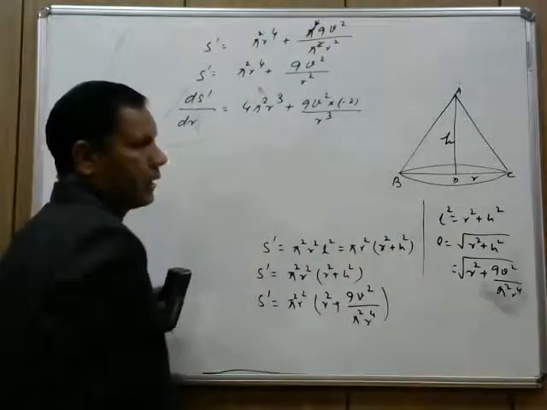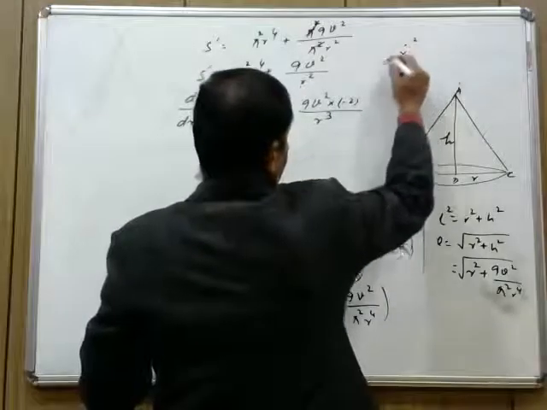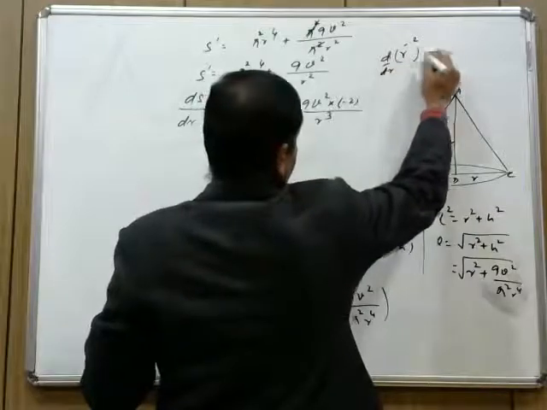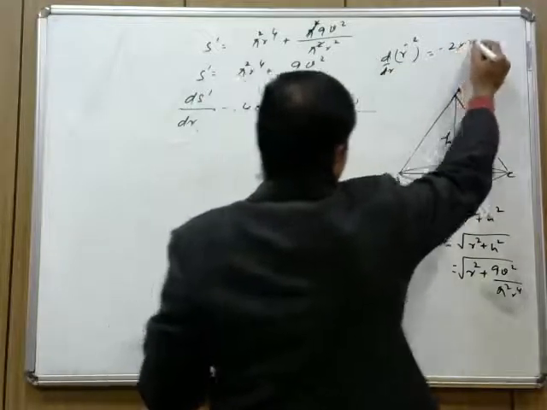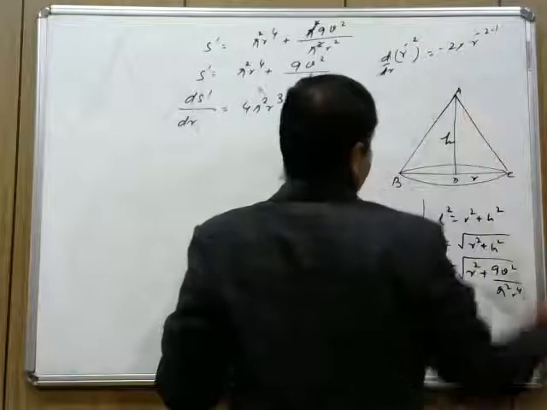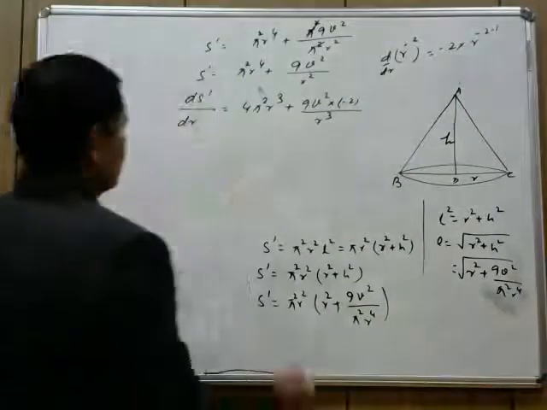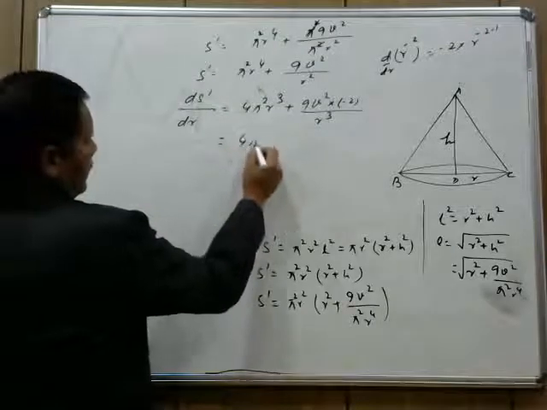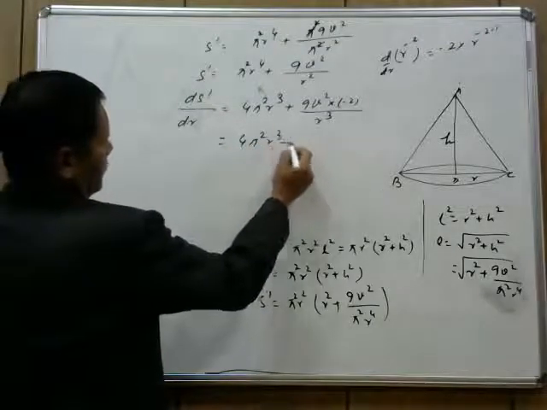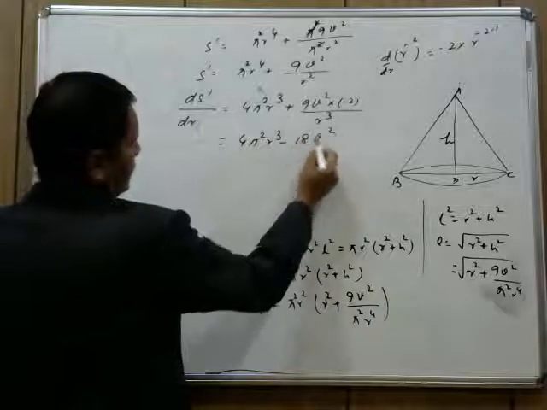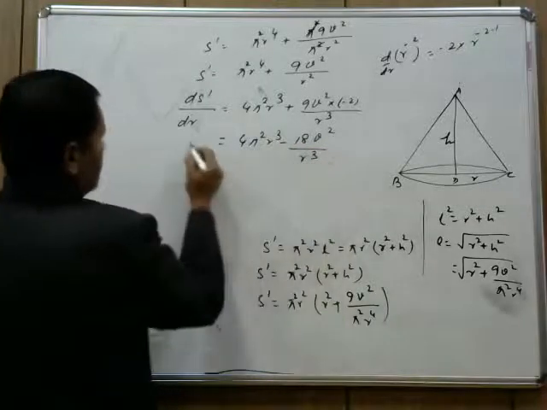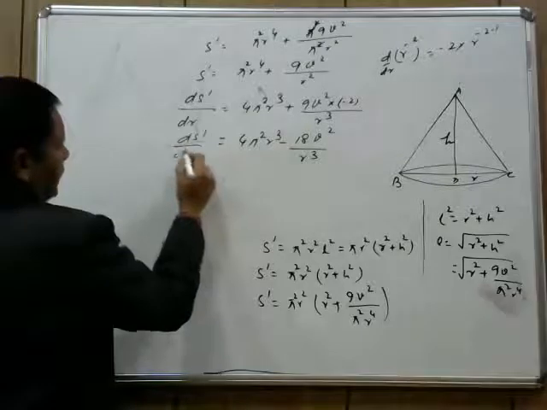Differentiation of r to the power minus 2 is minus 2 into r to the power minus 2 minus 1. That's why minus 2 upon r cube. So this will give you 4 pi square r cube minus 18v square upon r cube. That is the value of dS' by dr.